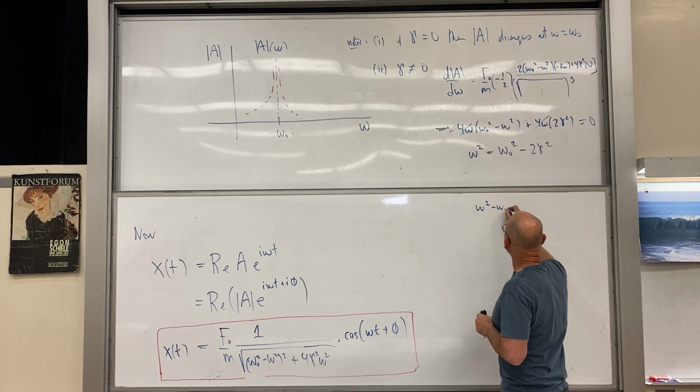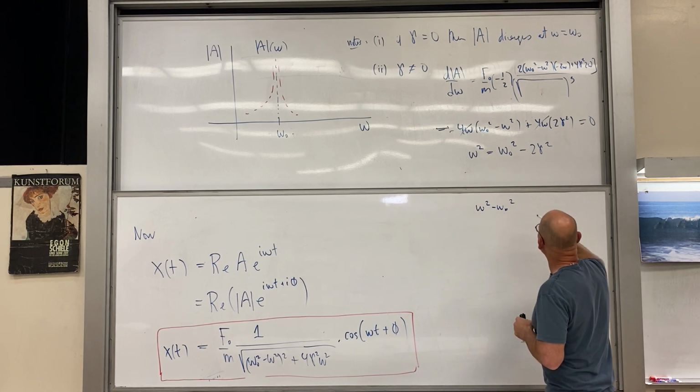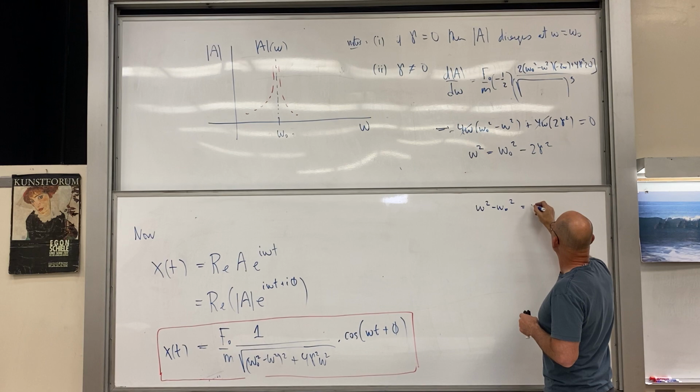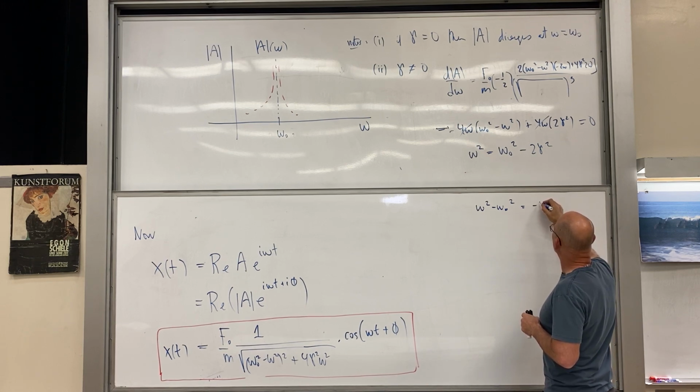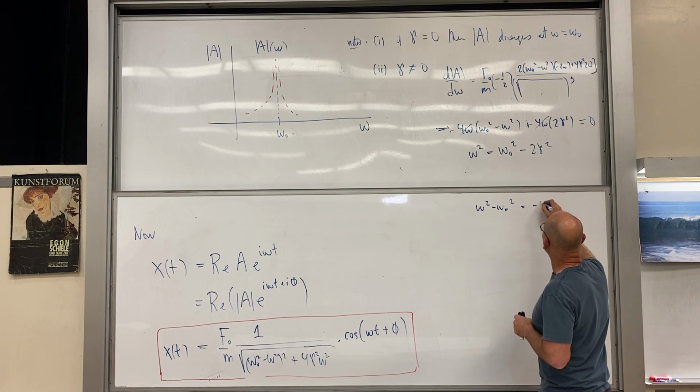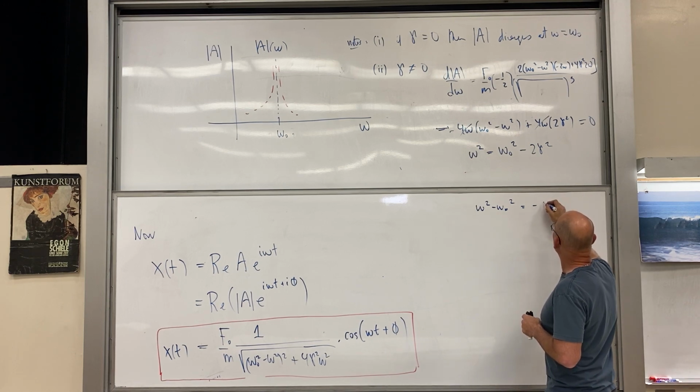Omega squared minus omega naught squared. Gamma squared.